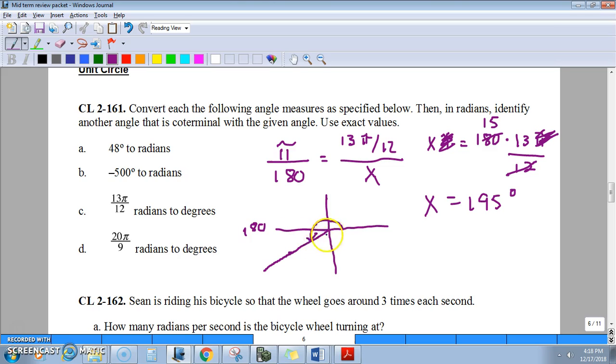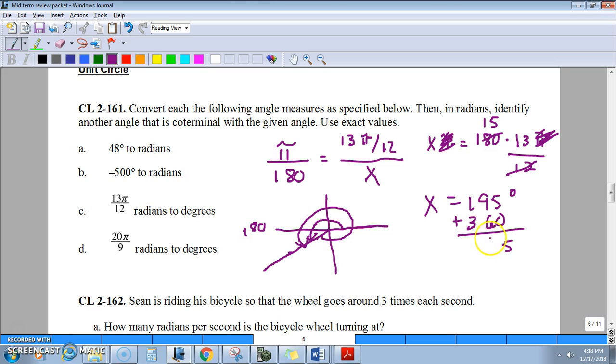If this is 195 degrees, another angle that ends there is going to be, if we add 360 degrees to 195, we're going to end at the same place, right? So if we just add a whole circle, those are going to be coterminal.